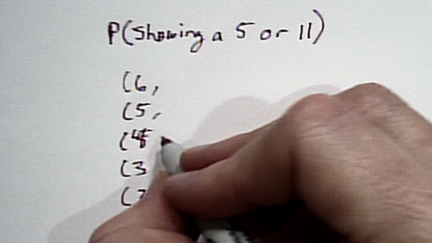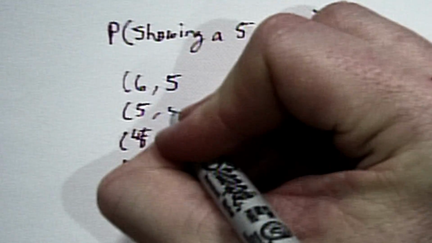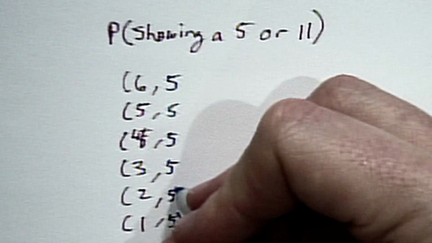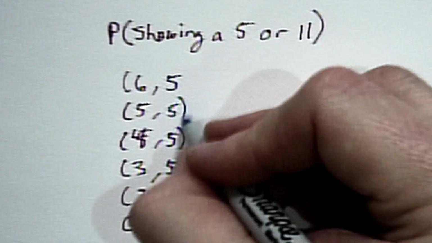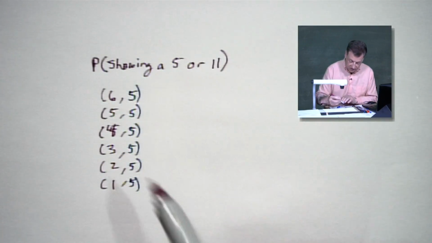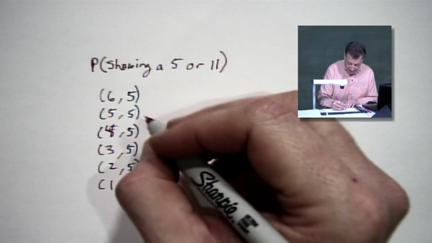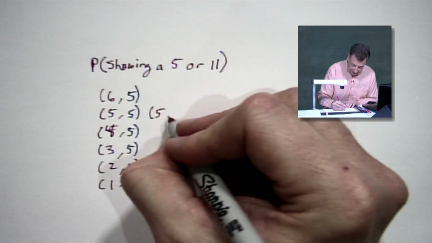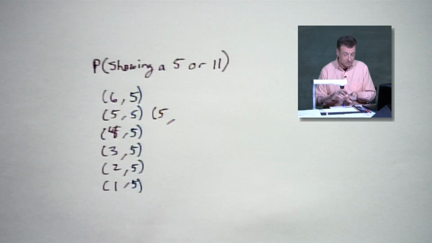And they could join up with a 5 all the way down the line there, what I'm trying to show you here. So 1, 2, 3, 4, 5, and there's 6 right there. But then I could also come along here. Watch this, this is going to be fun. I could also say, well, let's let the red die be the 5. And then we'd have 5 and 6 for the blue.